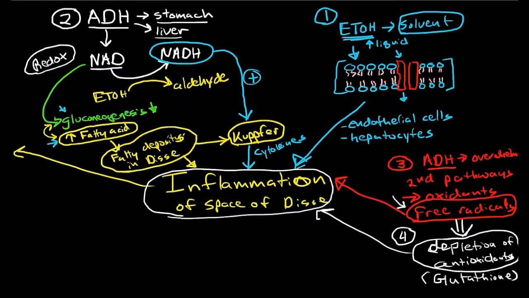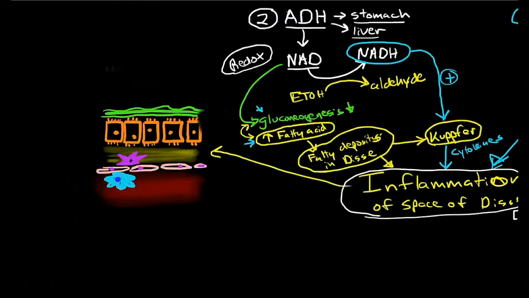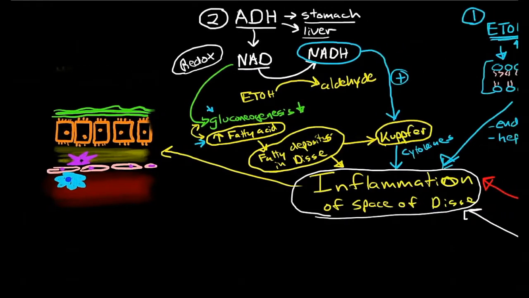So once we have the inflammation occurring in the space of Disse, what happens is we have this peaceful little cell here. I haven't even talked about it yet. And this blue cell is a Kupffer cell, by the way, and we've already talked about how it is involved in starting the process of inflammation.